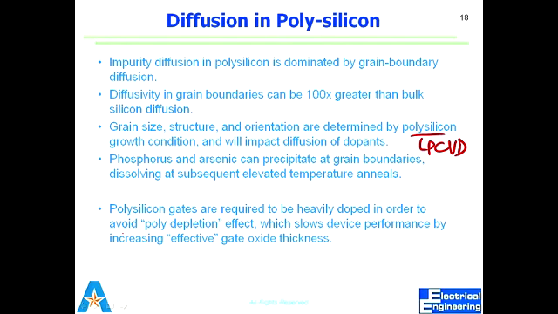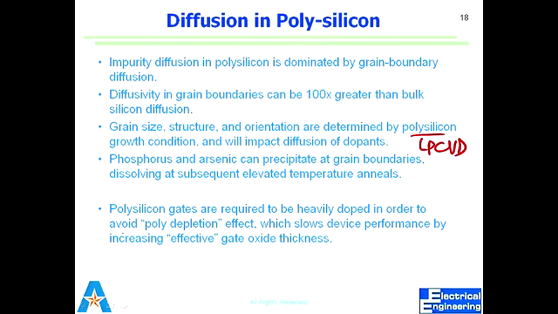And they are what you call poly depleted. If you do too high of a dopant concentration, that becomes a problem, because for the gate, this would reduce the charge transfer through poly. That would essentially contribute to a virtual increase in oxide thickness, right?